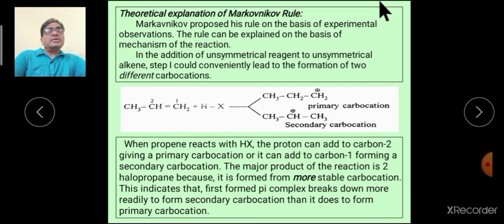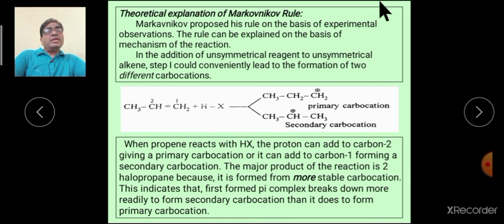With this molecule of hydrogen halide, there is a possibility of formation of two different cations. The first is a primary carbocation, while the second one is a secondary carbocation.